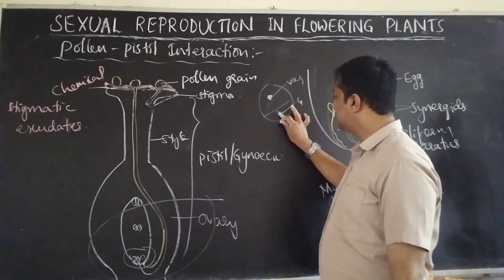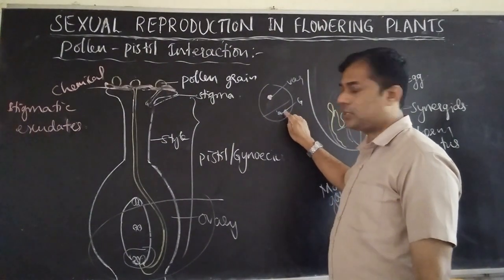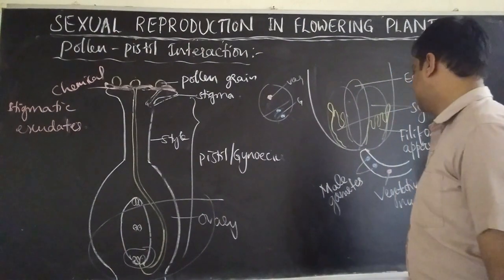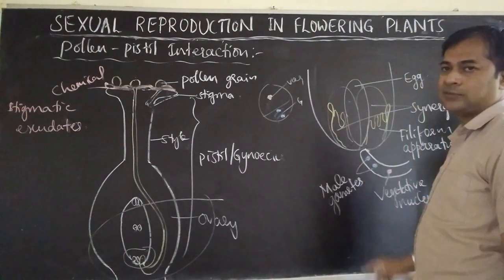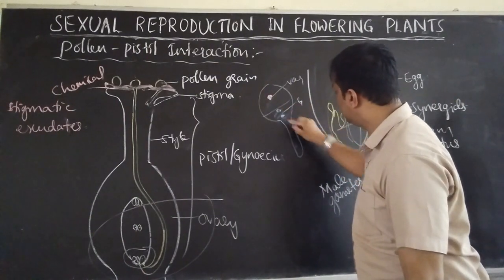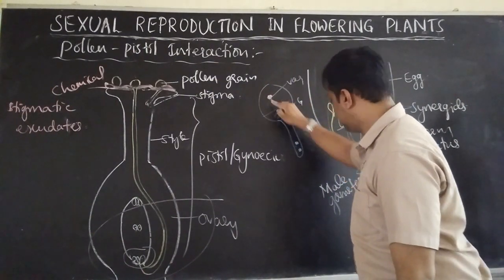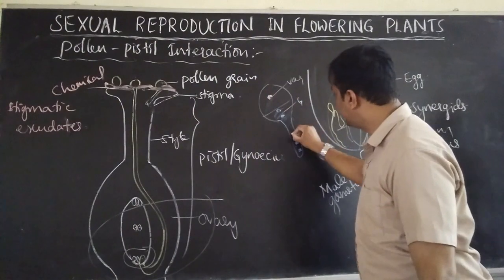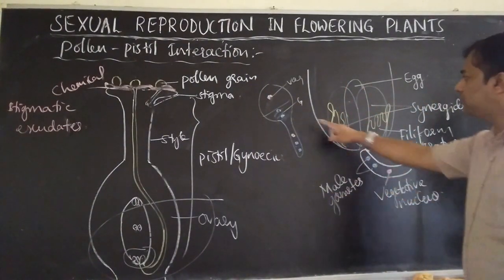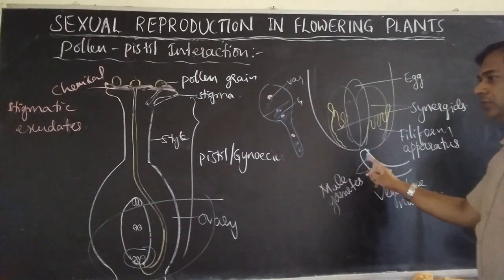The blue color, the generative nucleus, will divide into two nuclei. The same two you can see here, because this will produce the pollen tube, and these two will enter there, and the vegetative nucleus will be here.